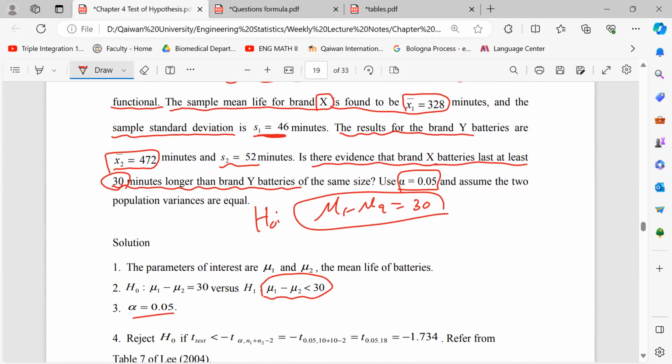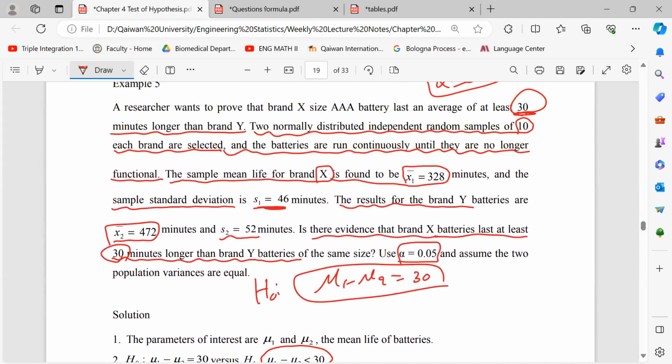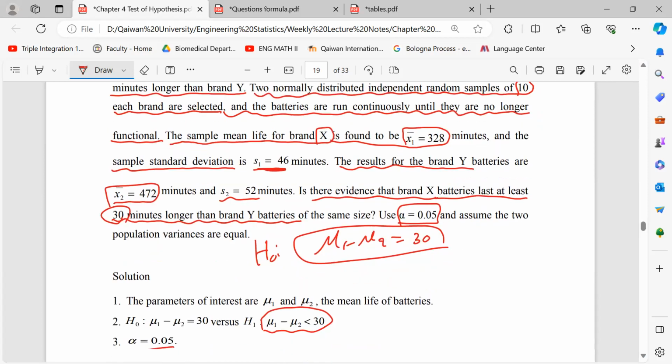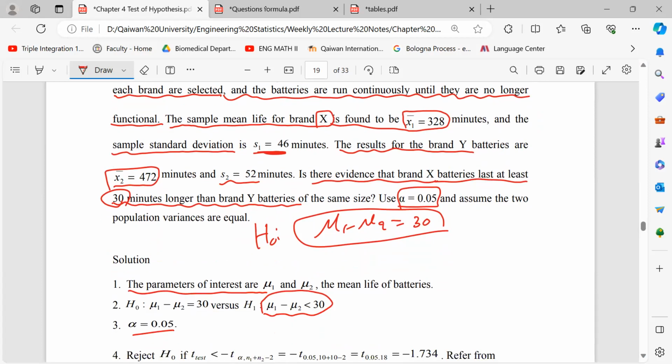Okay? And this is the second step. As you have two populations, it talks about the difference of their means. So we say in the first step, the parameter of interest are mu1 and mu2.